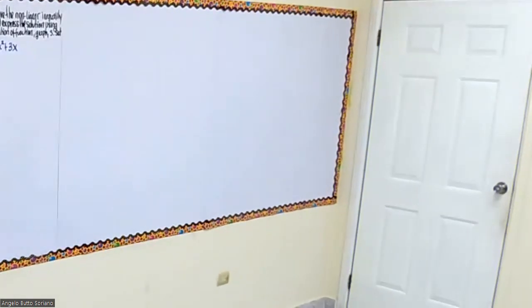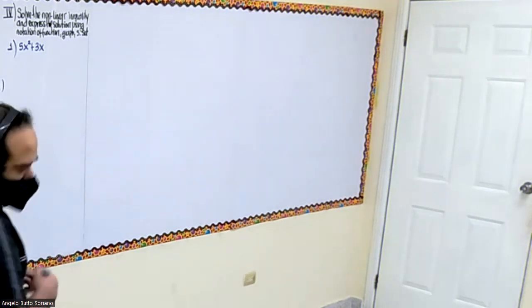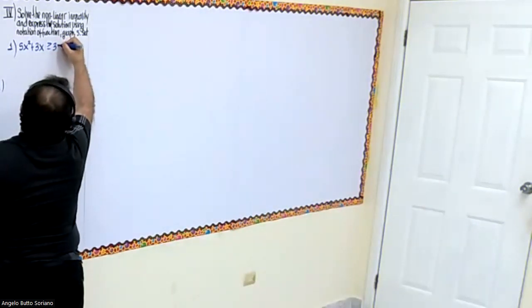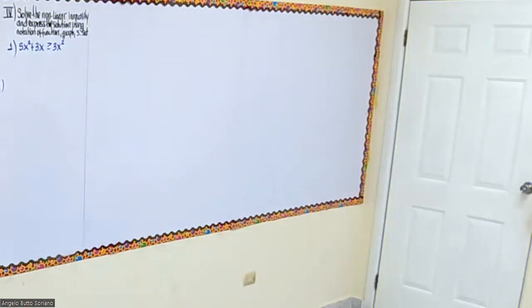Okay, we got 5x squared plus 3x, and that's supposed to be greater than or equal to 3x squared plus 2.